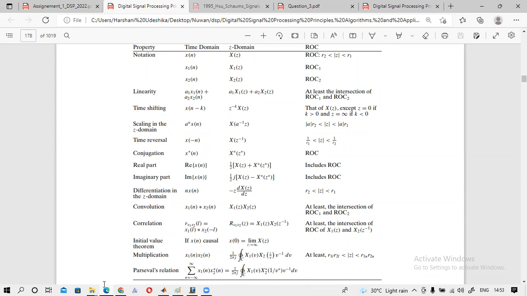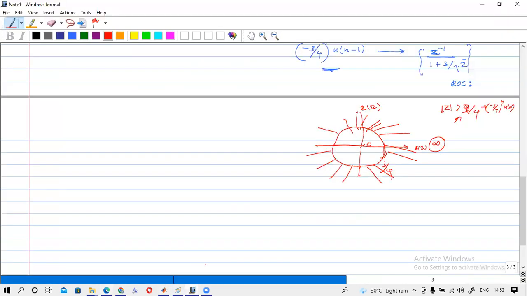So what is here? K is greater than 0, no? In our case, n minus 1, the K is 1. So K is greater than 0, so Z equals 0 is not there.